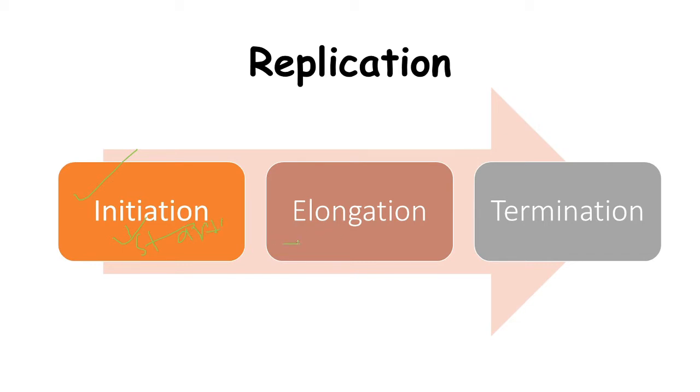Elongation means the chain is elongating. And termination means end, the ending of a process.